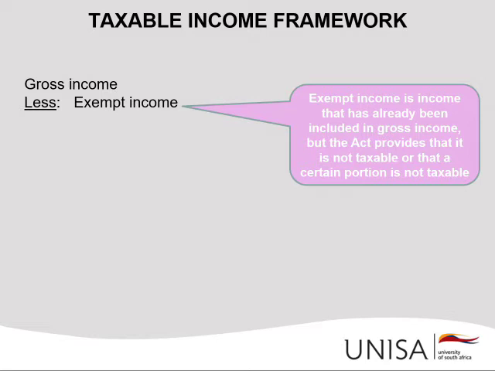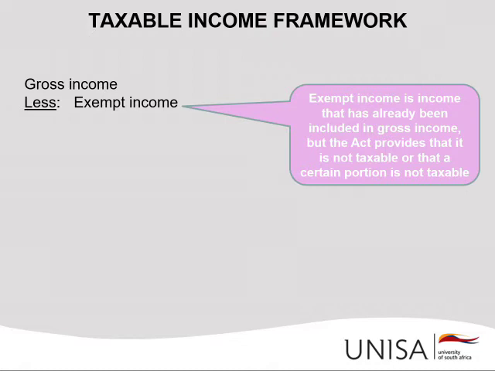This means that the amount is first included in terms of the gross income definition and then excluded because of its nature. Sometimes the exemption of Section 10 only makes provision for part of certain types of income to be exempt, and sometimes it makes provision for the full amount of income to be exempt.